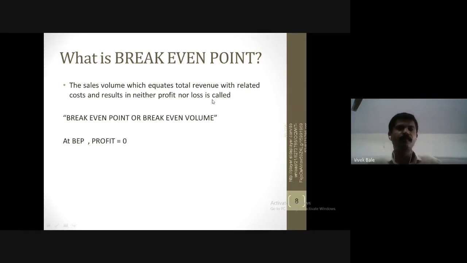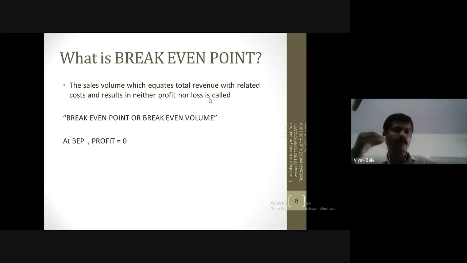Now suppose you wish to start a new business, and in the new business you want to know your break-even point. Break-even point means the point at which you are neither in profit nor in loss. It means that whatever you have invested, that particular amount you can get back. So this is called break-even.